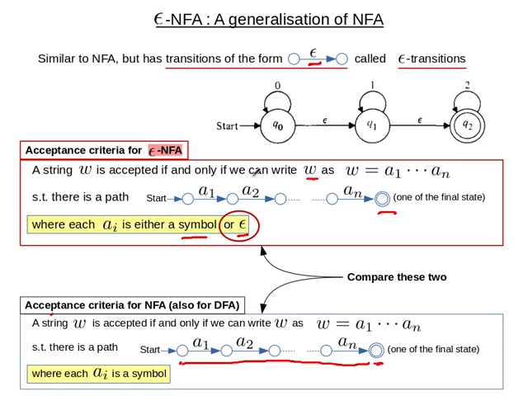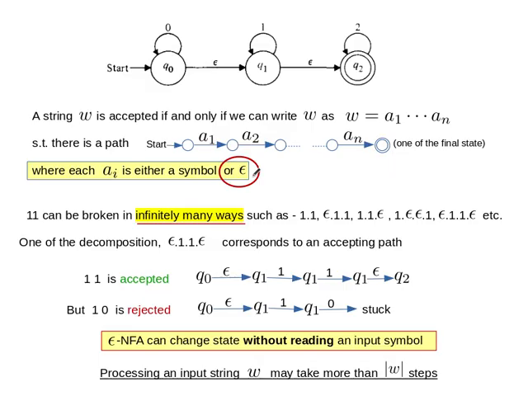As I was saying, how do you accept a string? You accept if there is a path from the starting state. In this example, our starting state is just q0, and from q0, if you can reach q2 by processing some string, then you accept that string.